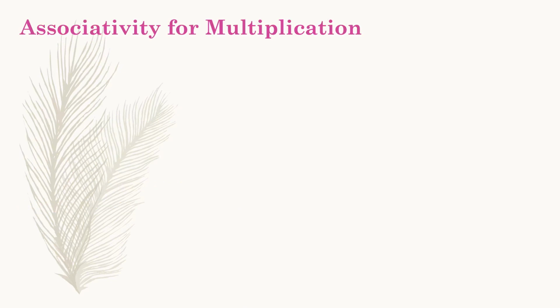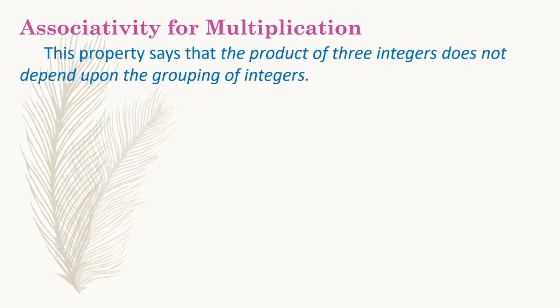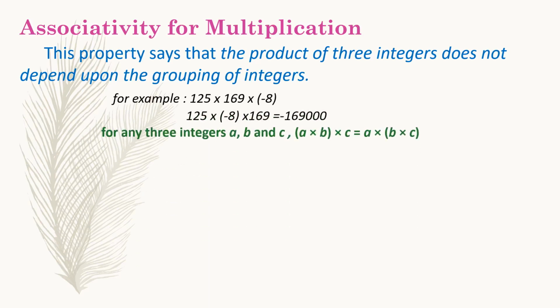Our next property is associativity for multiplication. This property says that the product of three integers does not depend upon the grouping of integers. For example, 125 into 169 into minus 8.